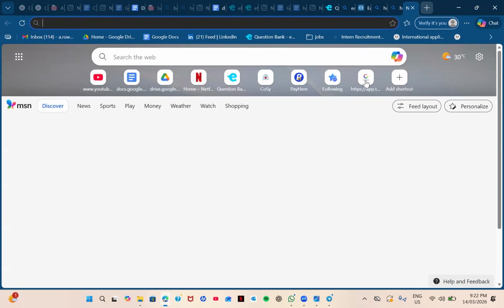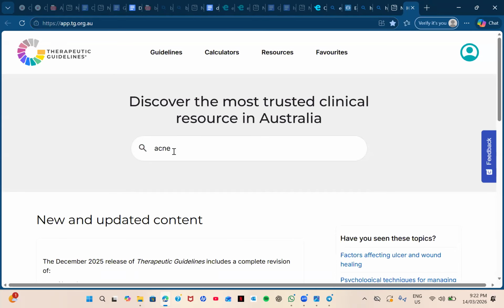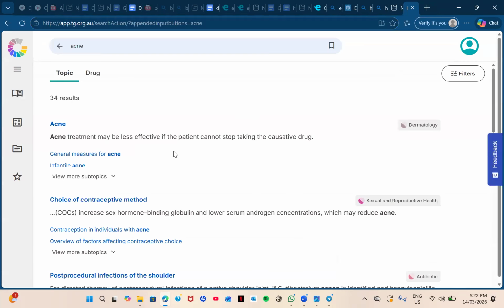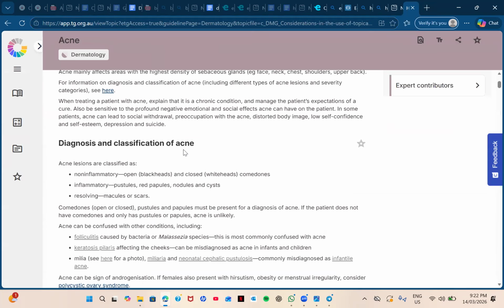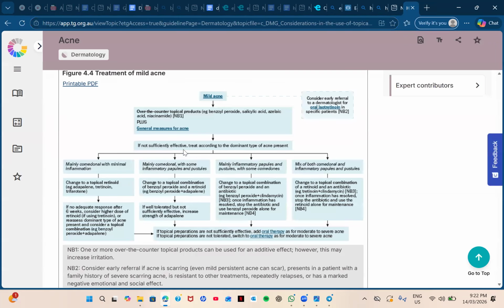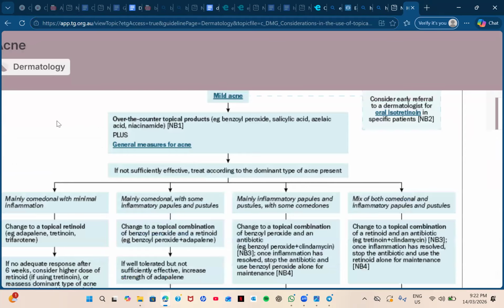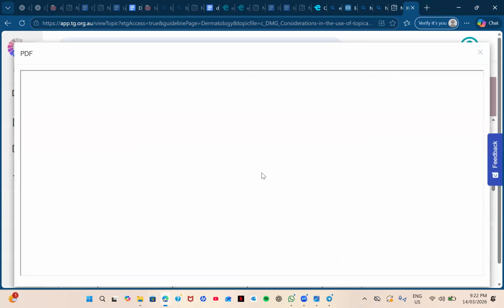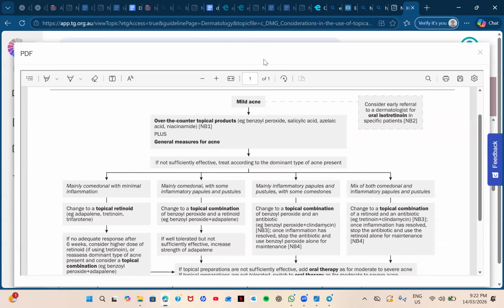They can ask questions from that. Okay, tell me how we should treat mild acne.